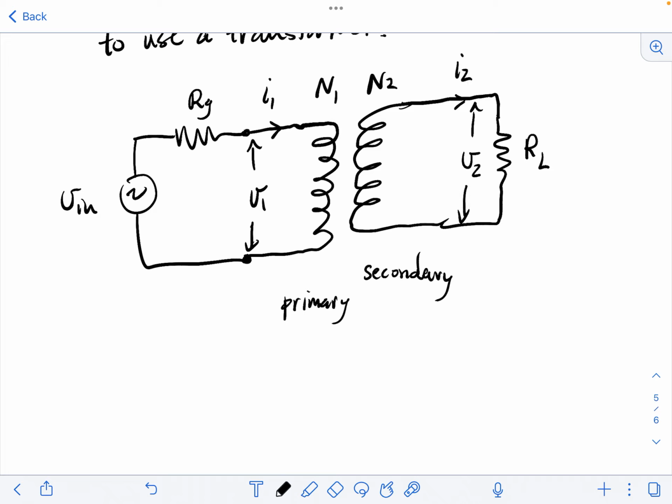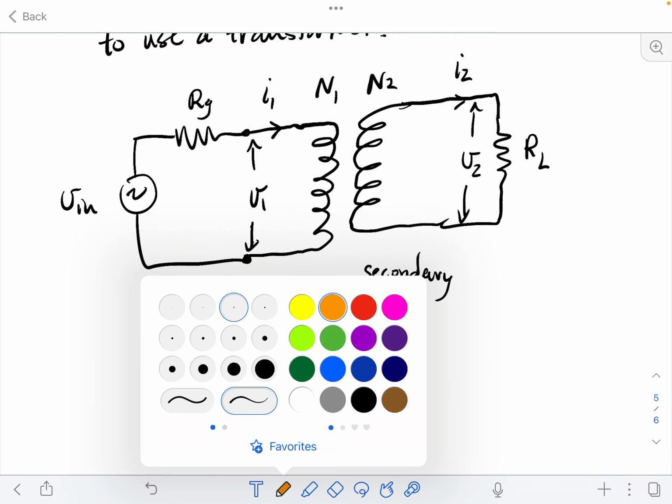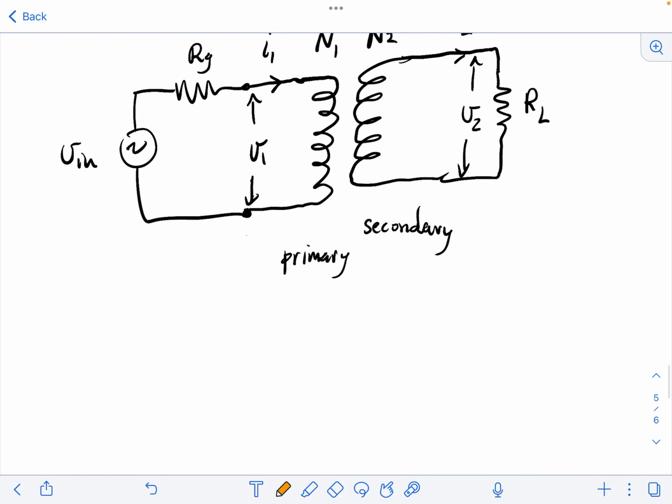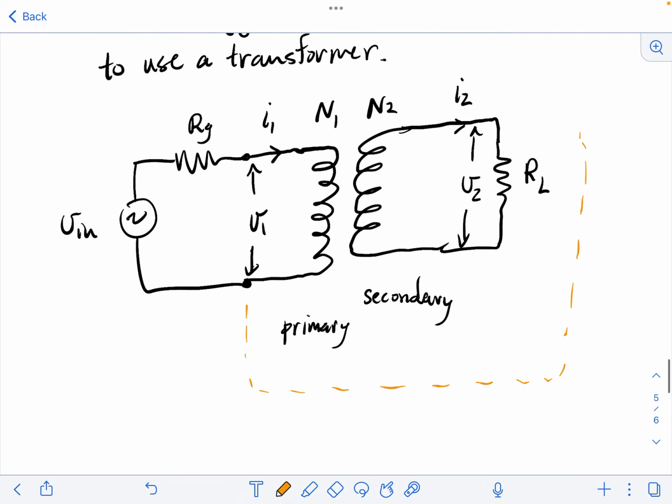What we would like to do is consider this part of the circuit as some kind of composite component, and we want that component to have an impedance Z that's equal to RG.